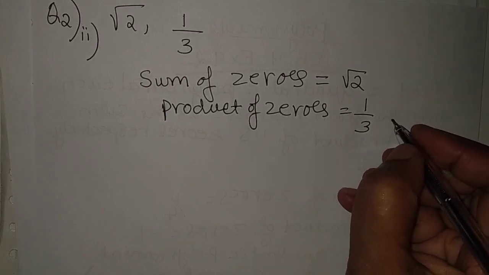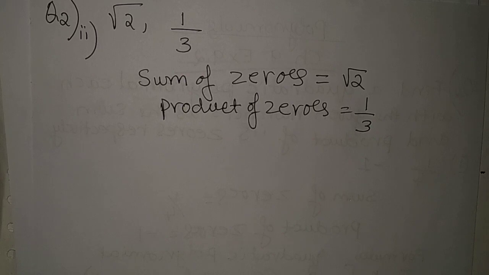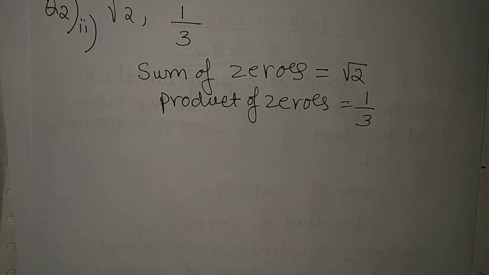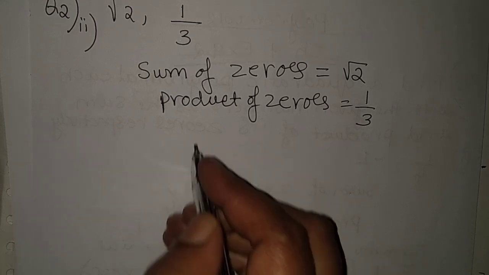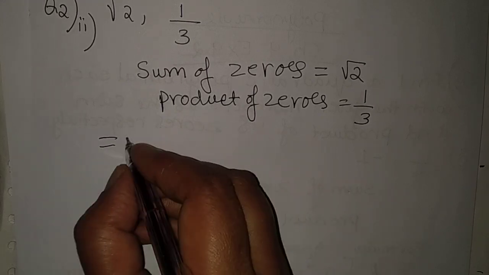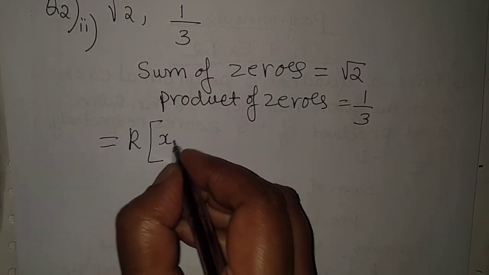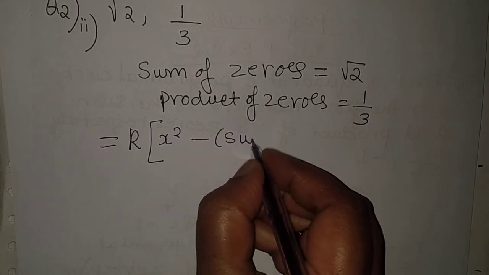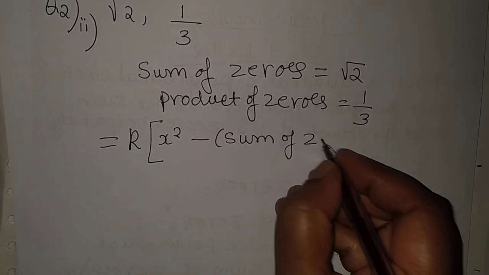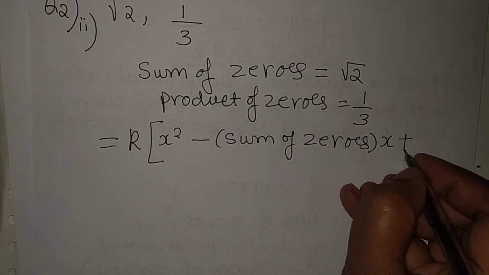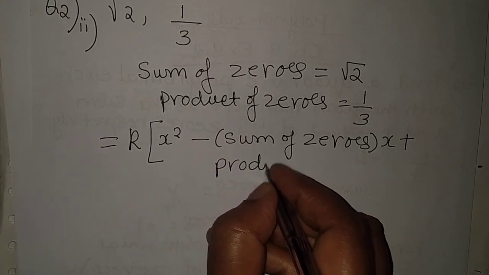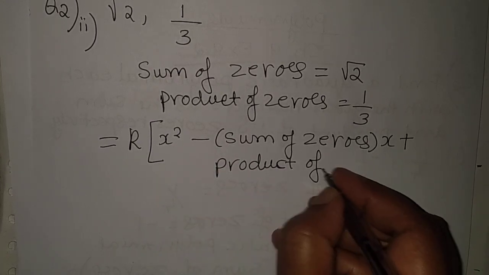So next, substitute in the formula x square minus sum of zeros x plus product of zeros.